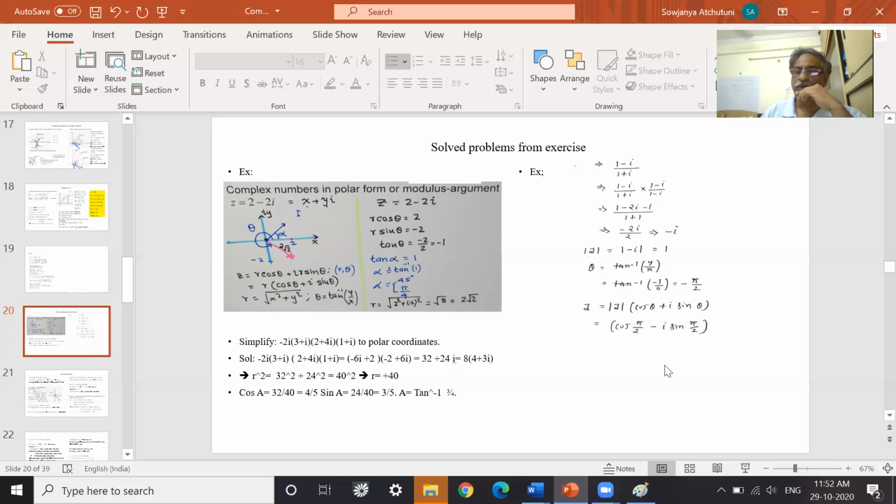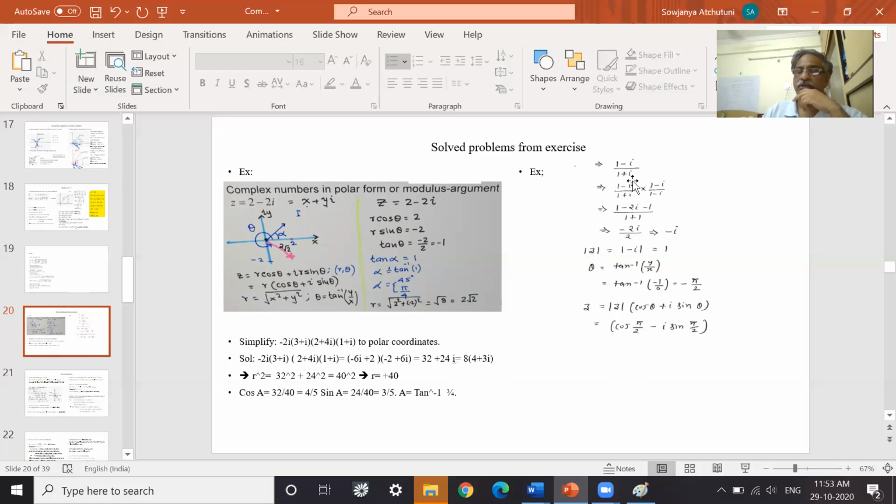It is coming to the bottom side. So minus pi by 2. So Z is equal to mod Z times cos theta plus i sin theta. That is cos pi by 2 minus i sin pi by 2, because it is minus i. So your real part is 0. You have only the imaginary part. These two are what? These are conjugates. 1 plus i and 1 minus i are conjugates.